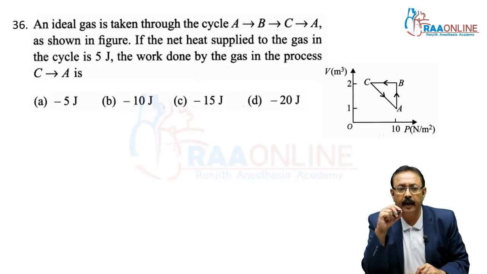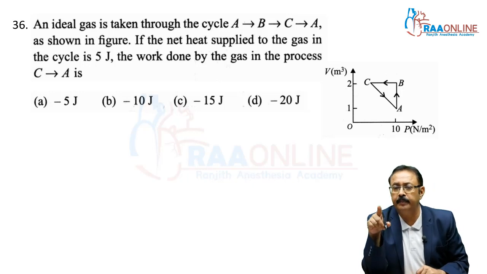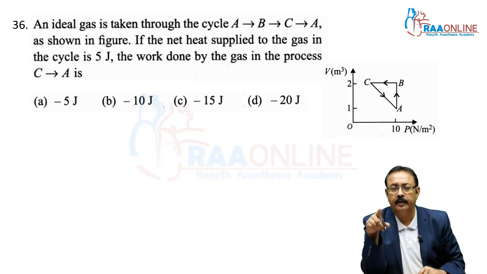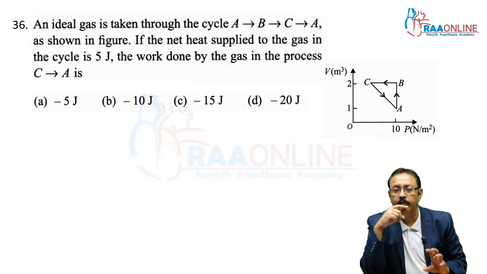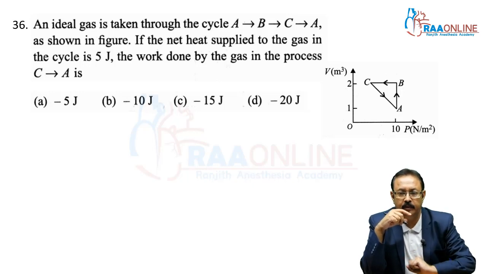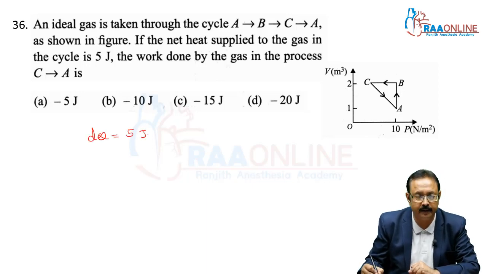Next, an ideal gas is taken through the cycle A to B, B to C, C to A. The net heat supplied to the gas in the cycle is 5 joule. The work done by the gas in the process: we supplied 5 joule, means dq was 5 joule, process was cyclic, so change in internal energy should be 0.